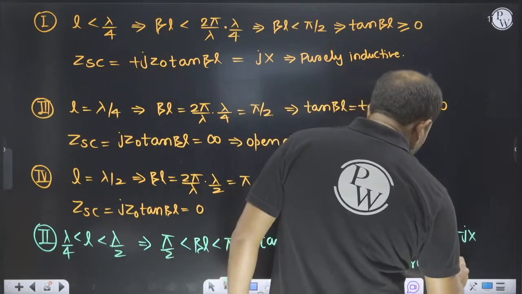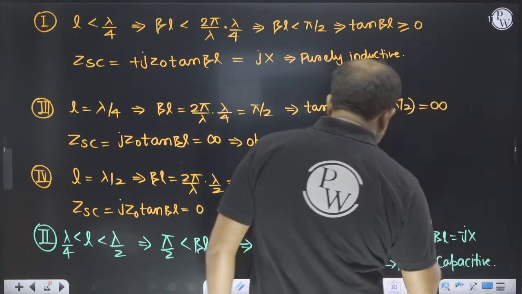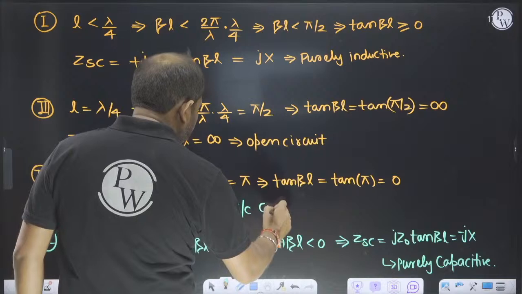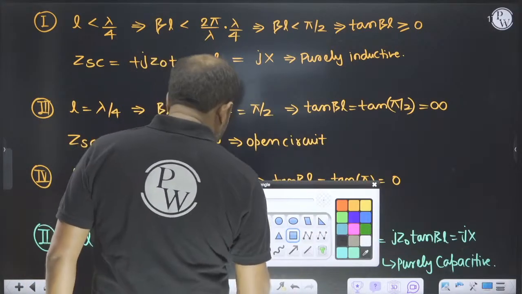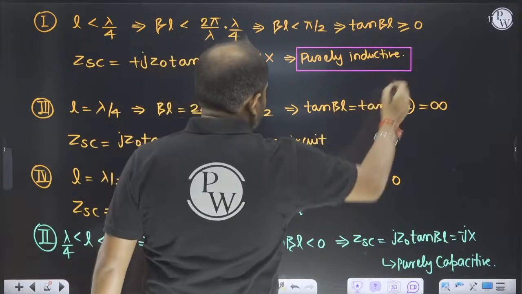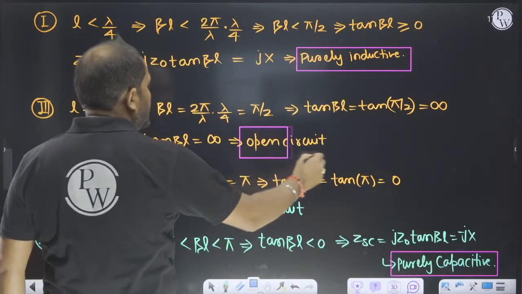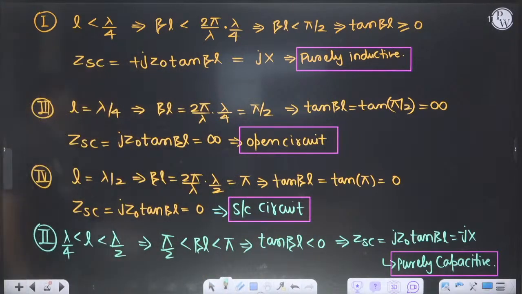Second one is purely capacitive. Third one is open circuit, and fourth one is short circuit. These are the four points regarding this.